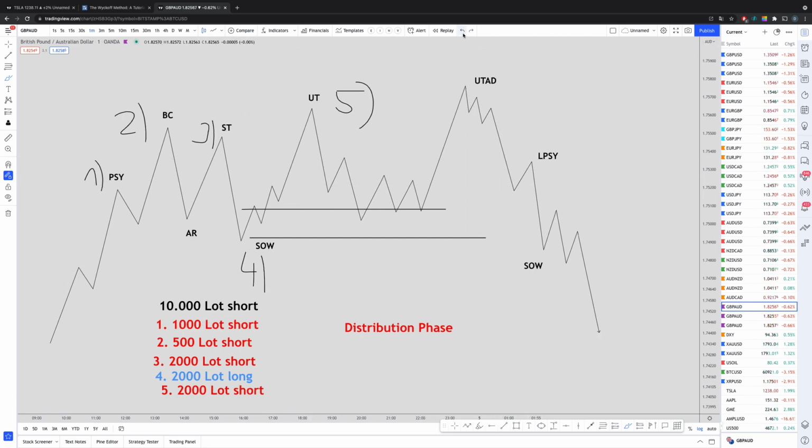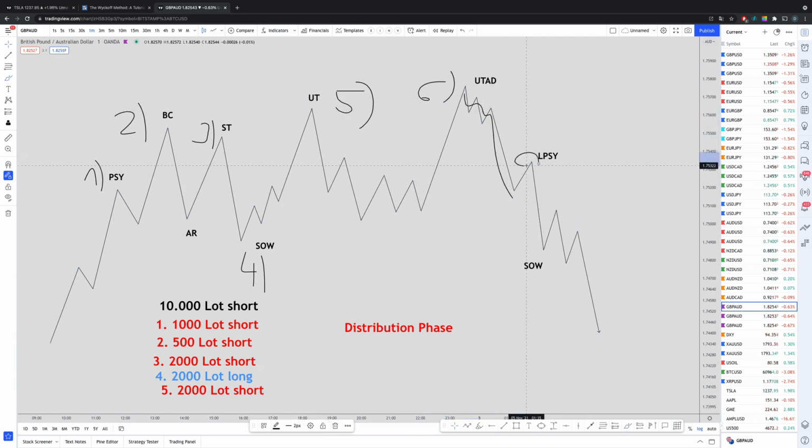Right now we get the automatic reaction if there is not enough liquidity, and with the last, not the last step, sorry, with the sixth step, we will open again even more shorts. We will drop the price from there lower, and then at the LPSY, the last point of supply, we will drop it one more time, so we will add more short positions over there.